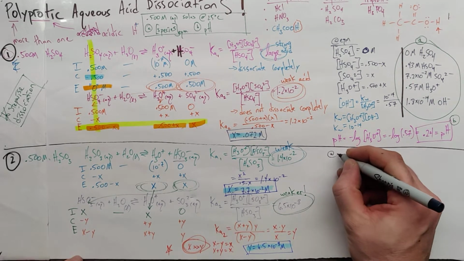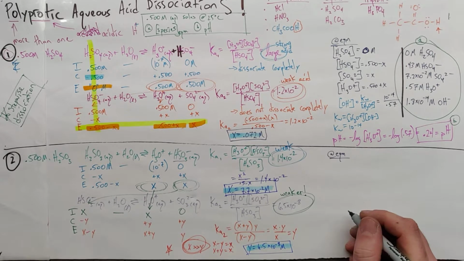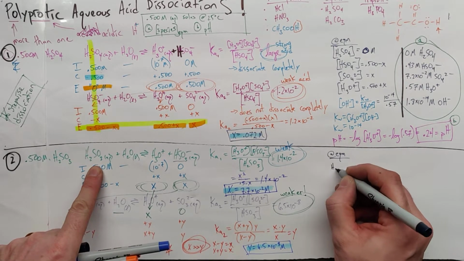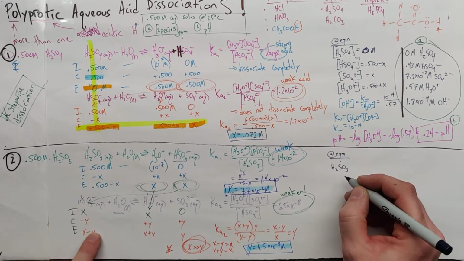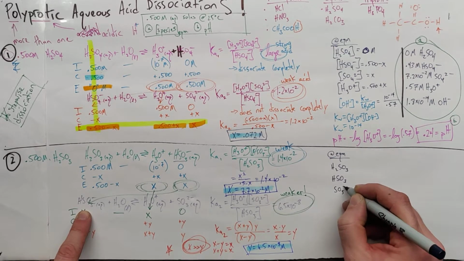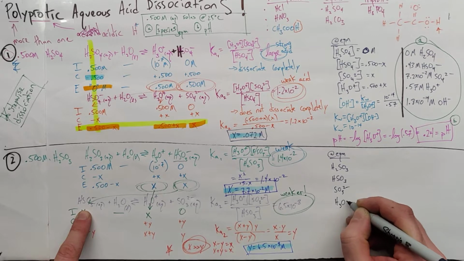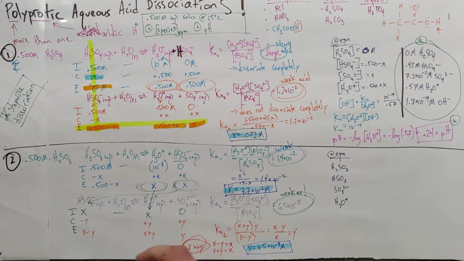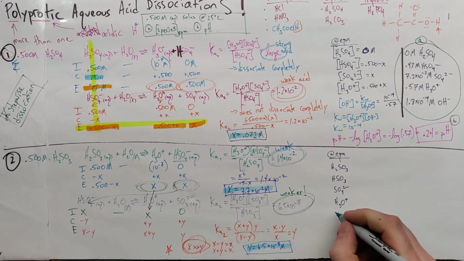At equilibrium, we're going to have the H2SO3, the HSO3 minus, the SO3 2 minus, the H3O plus, and we cannot forget the OH minus.